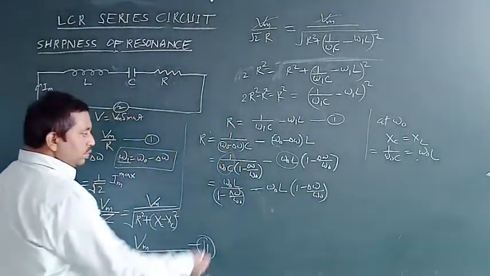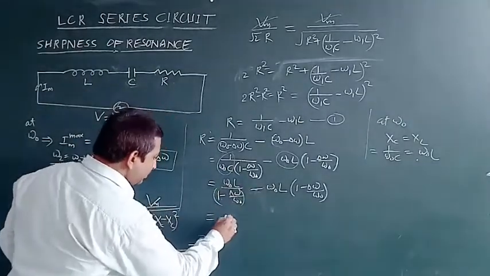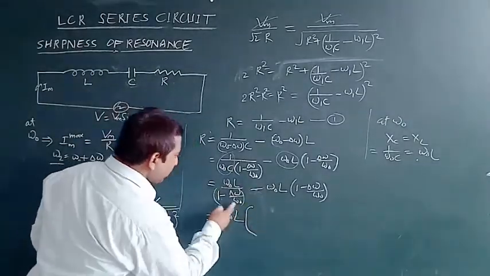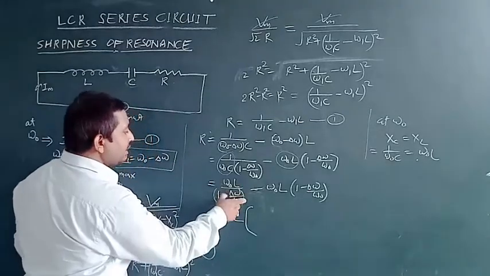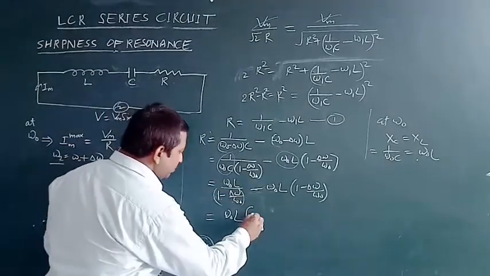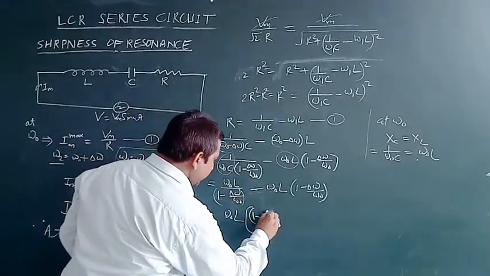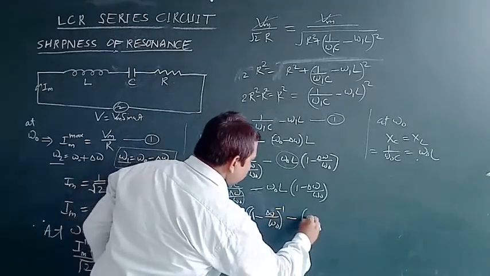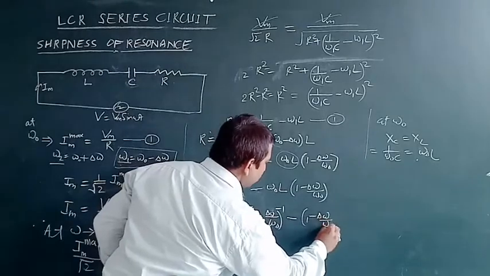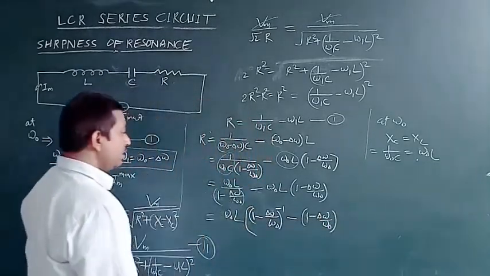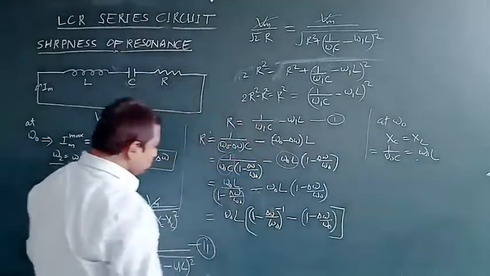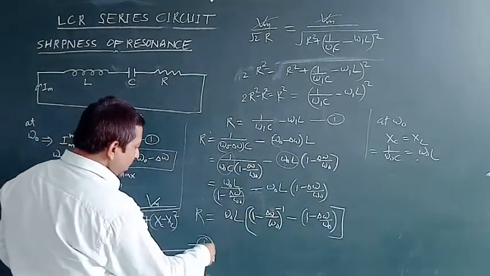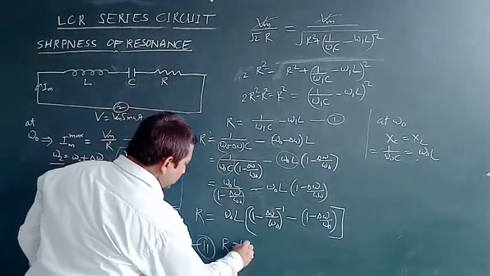Okay, so taking omega naught L as common, if we take this in the upper side, then the power becomes minus 1, so (1 minus delta omega by omega naught) power minus 1 minus (1 minus delta omega by omega naught). Okay, so this is all equal to R.